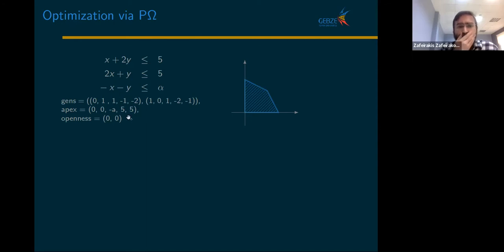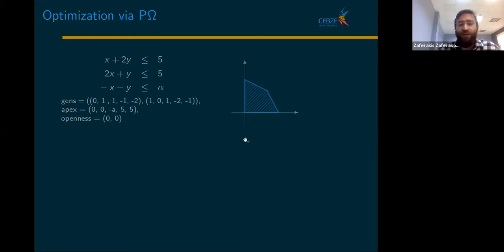I think here I mixed the sequence. If I didn't change the sequence, it would be 0, 1, 1, 2, minus 1, 1, 0, 2, 1, minus 1, and 0, 0, 5, 5, 0, 0, minus 5, minus alpha.